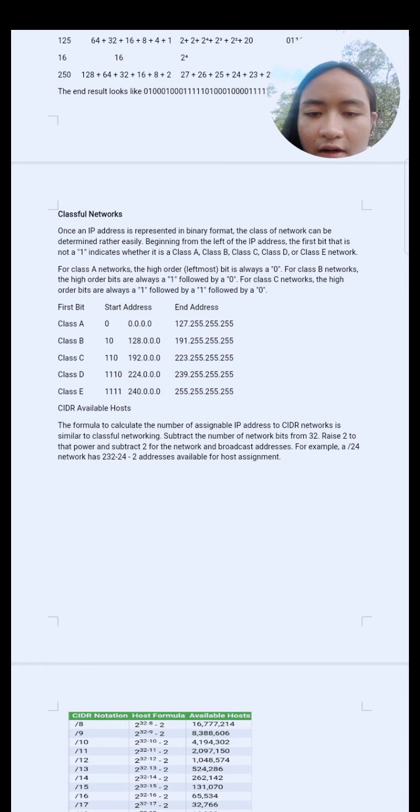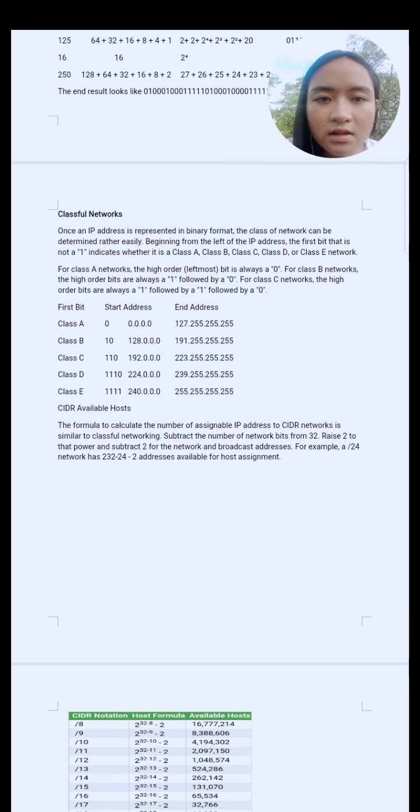So for CIDR available hosts, the formula to calculate the number of assignable IP addresses in a CIDR network is similar to classful networking. Subtract the number of network bits from 32, then raise 2 to that power and subtract 2 for the network and broadcast addresses.